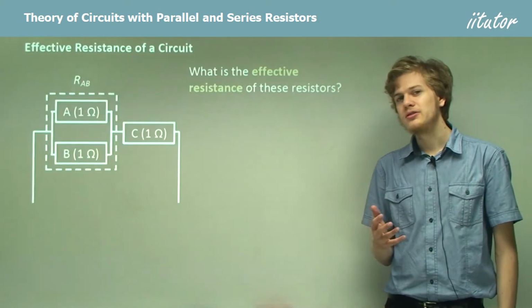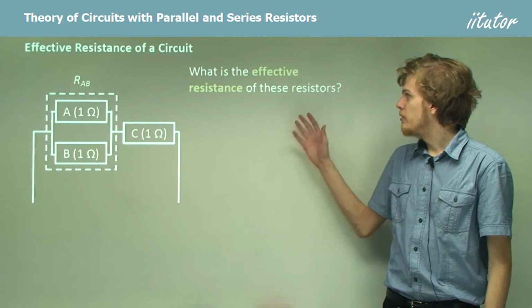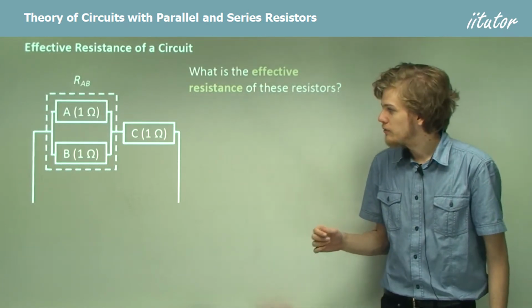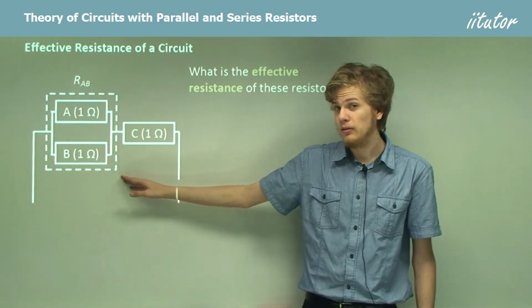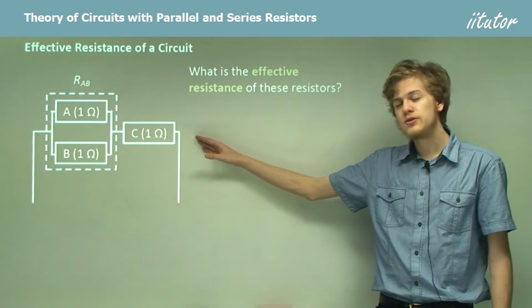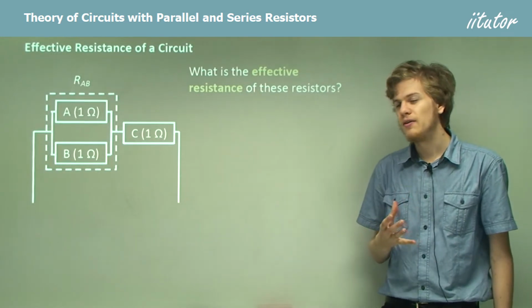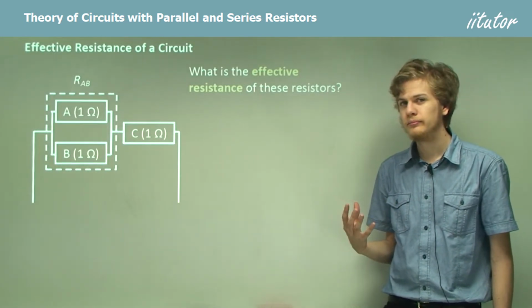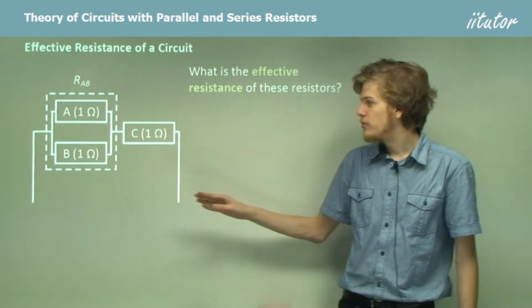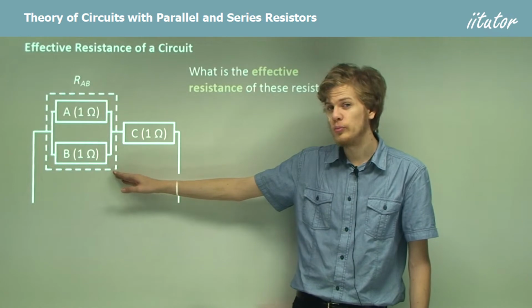So let's take a look at an example. What would be the effective resistance of this set of resistors? We have two resistors in parallel, and the combination of resistors is in series with a third resistor. All of the resistors have a resistance of 1 ohm. In order to figure out the total resistance, we're first going to look at this pair of resistors as a group.